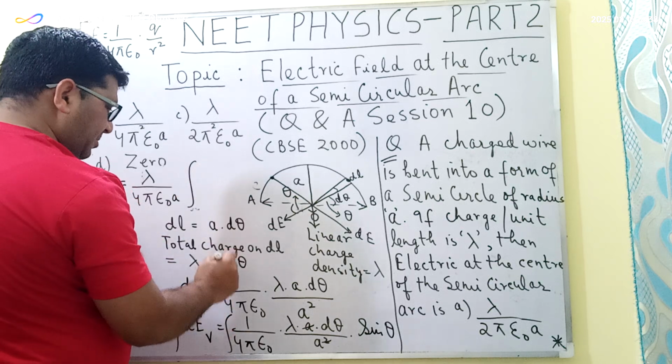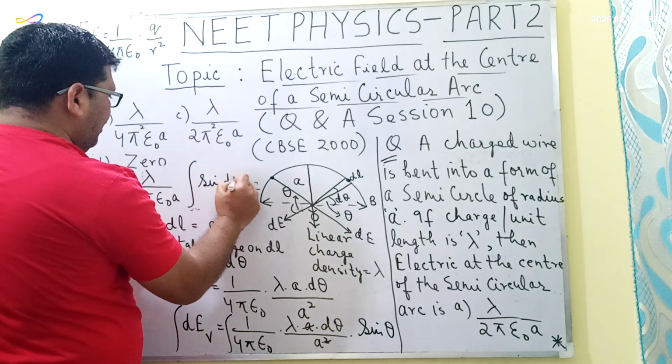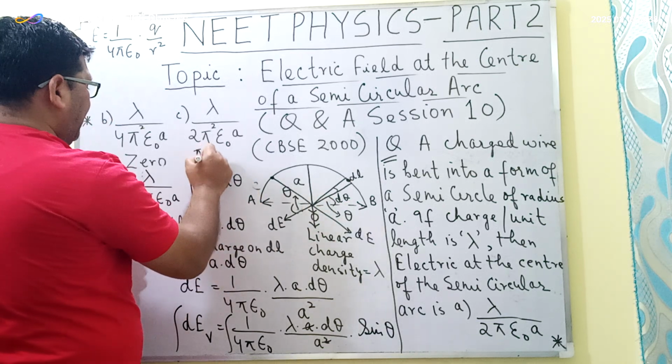We have to simply integrate sine theta d theta within the limits of 0 and pi.